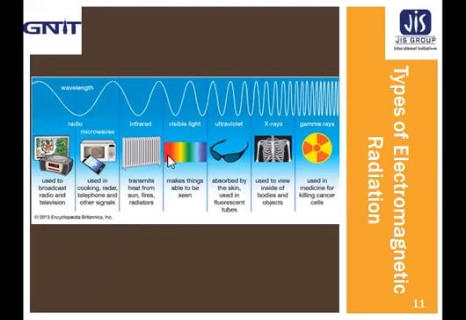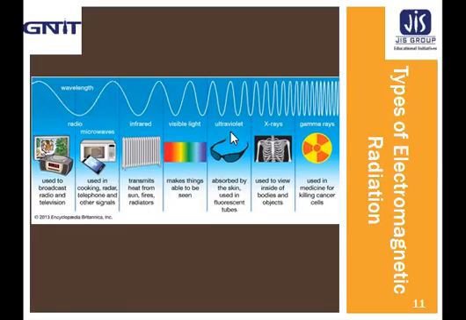These are some types of electromagnetic radiation. This is the wavelength and this is the radio wave. It is used to broadcast radio and television. The microwave is used in cooking, radar, telephone, and other signals. Infrared transmits heat from the sun, fires, radiators, and visible light makes things able to be seen.